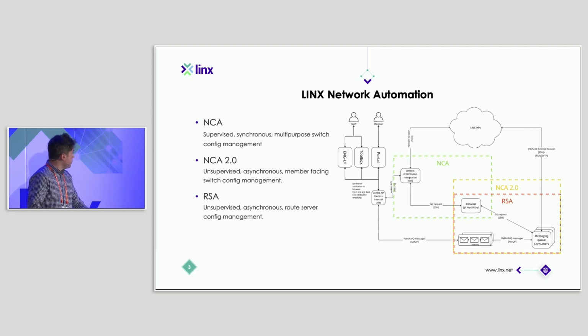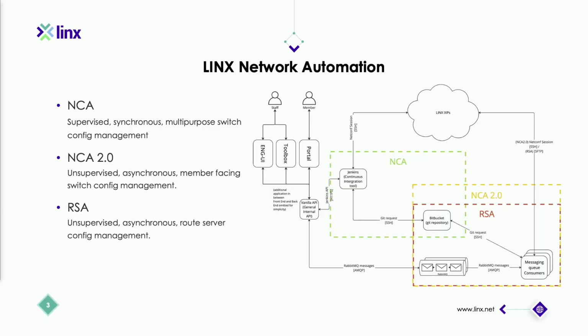So this is a general representation of the three main automation platforms we have. NCA stands for Network Configuration Automation. I did a presentation in the past about it. And fundamentally, it's the first automation platform that was ever built at LINX. It's a supervised synchronous multipurpose switch config management tool.